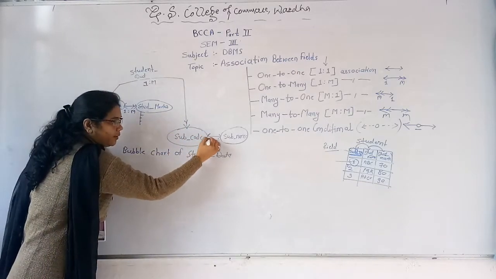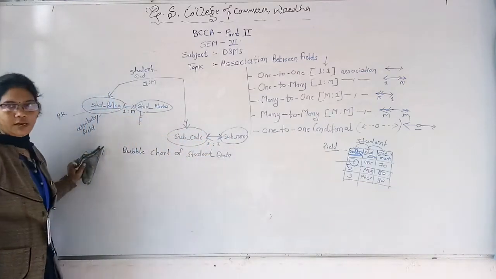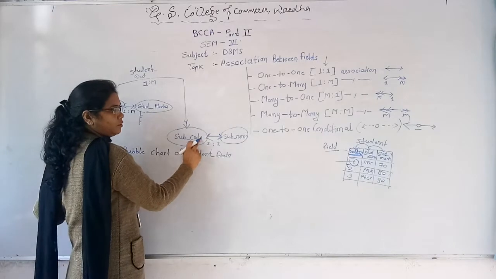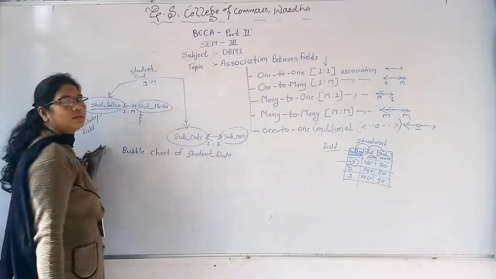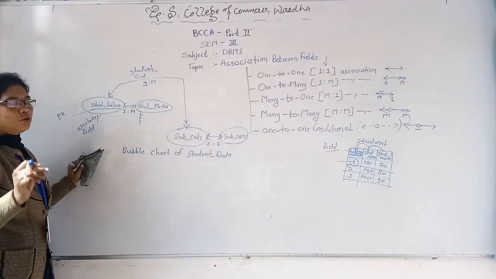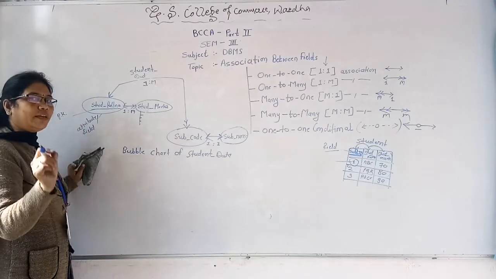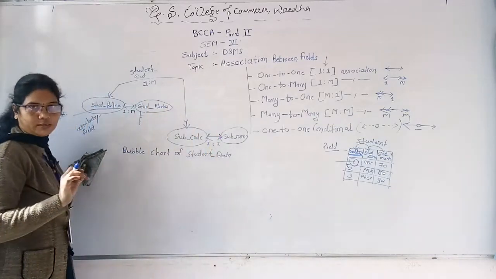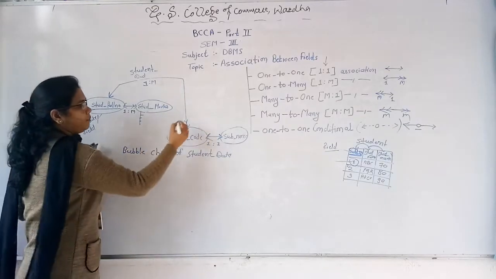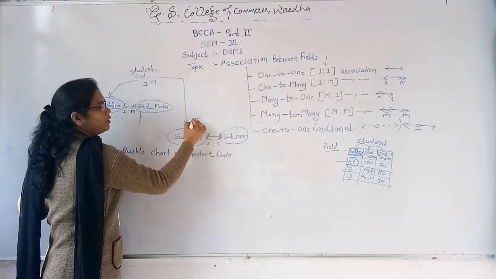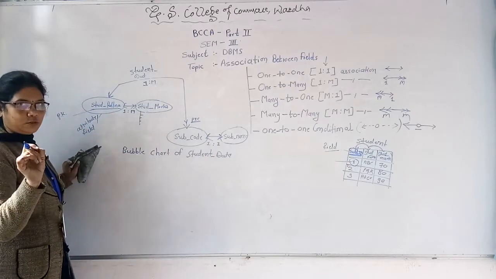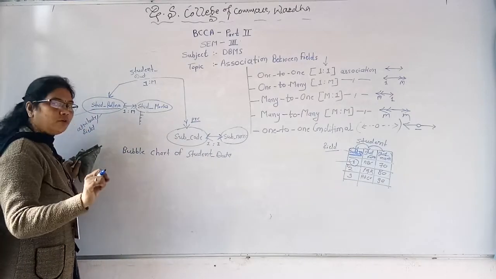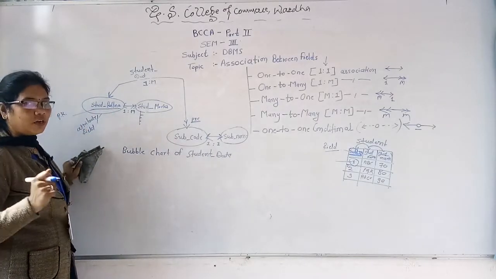1:1, which is indicated by the single arrow. This is nothing but the subject code and this is nothing but the subject name. Okay. So one subject code is associated with one subject name exactly. Like PIC, suppose PIC is the subject code. Can you refer PIC as financial accounting?